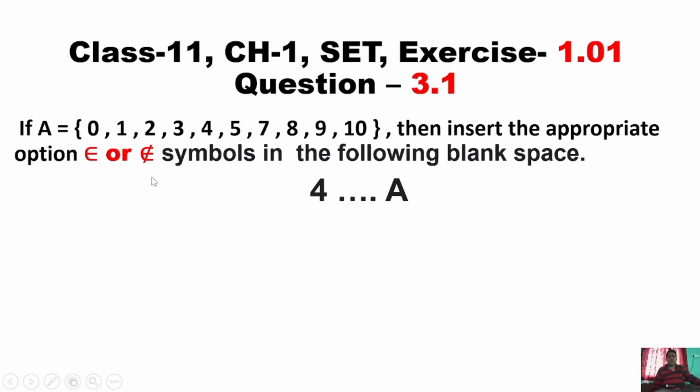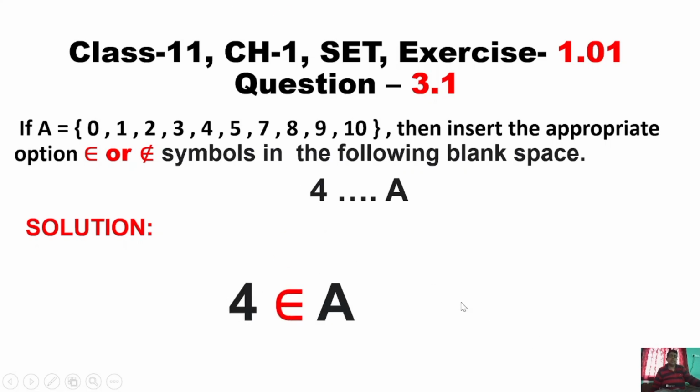Between an element and a set, you give the relation belongs to or does not belong to. Looking clearly, 4 is already an element of the set A, so you can write 4 belongs to A. Whether 4 is an element or not, you can understand clearly by looking at the set.